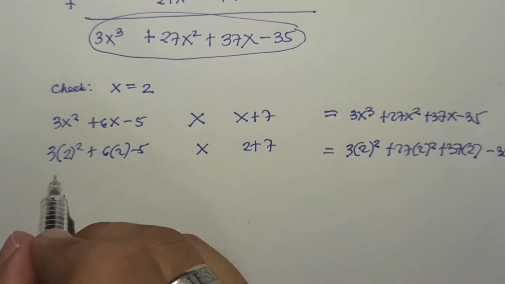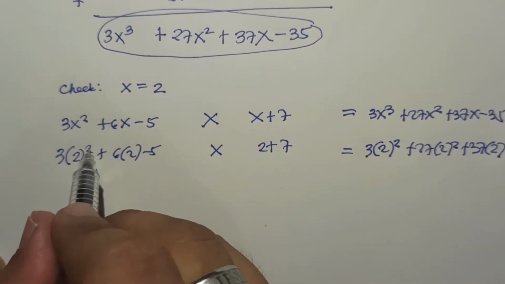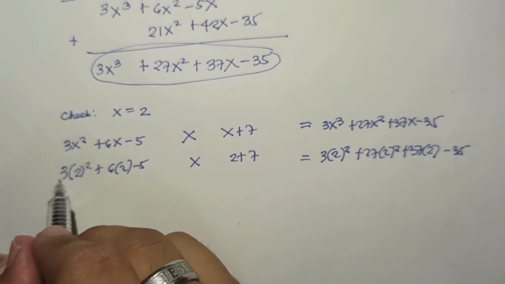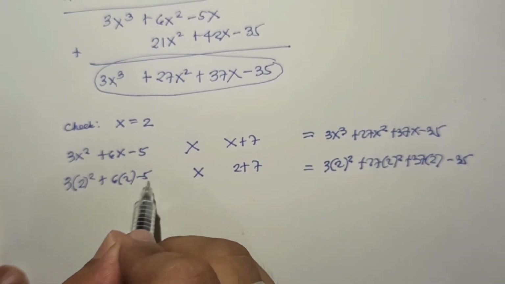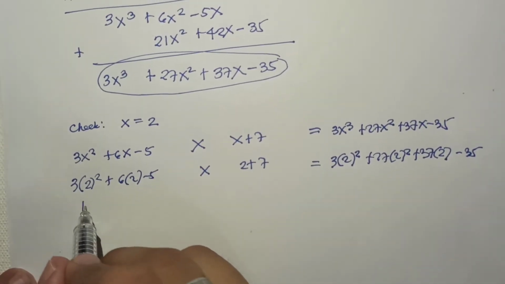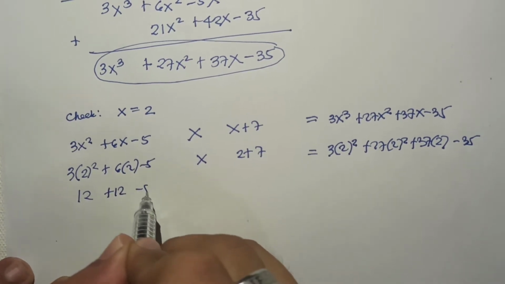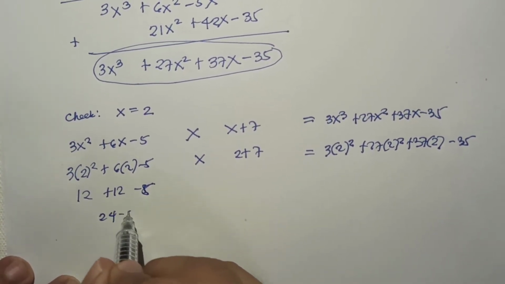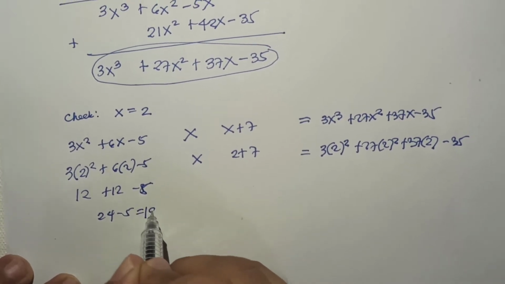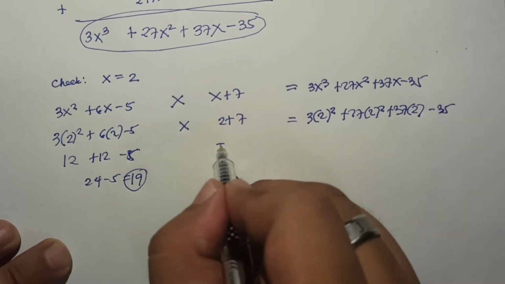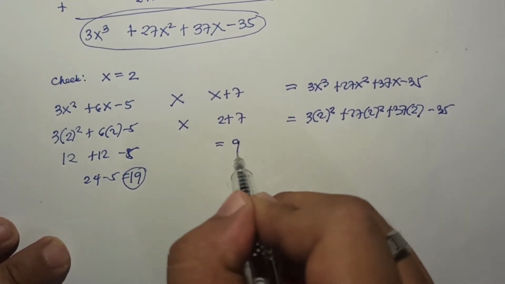So this becomes 2 squared, 4, times 3, is 12, plus 12 minus 5, that is 24 minus 5, equal to 19. And this is equal to 9.